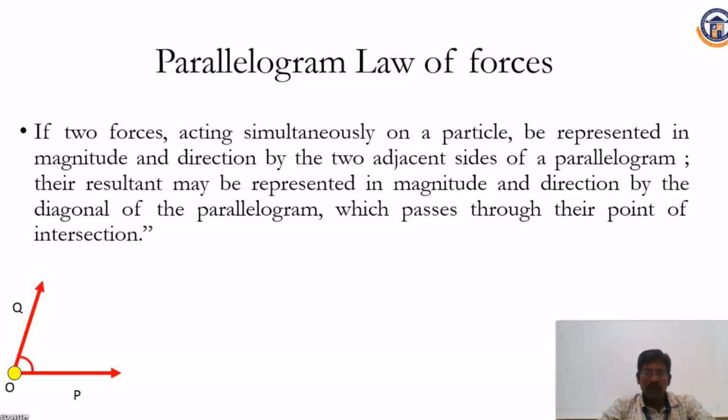These two forces are inclined at an angle of theta. Look here: this is a particle, on which a force of P and a force of Q are acting, and both forces have an inclination angle of theta.